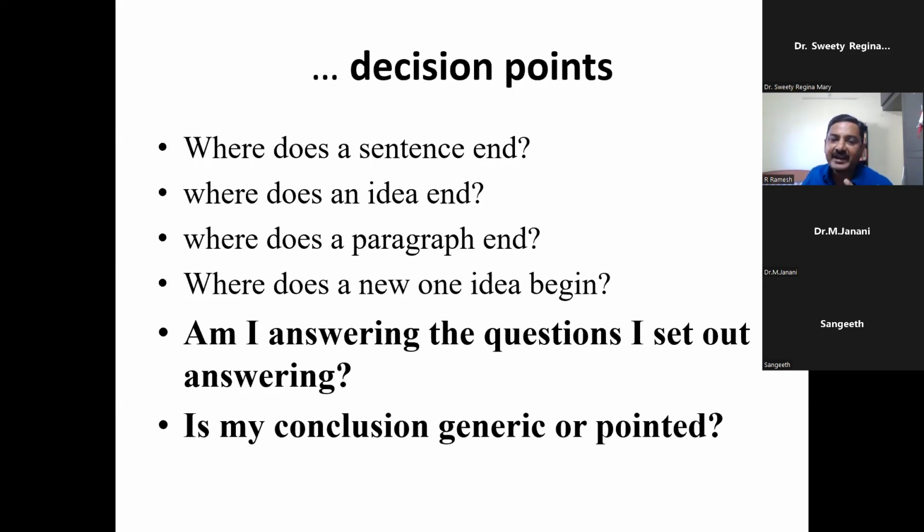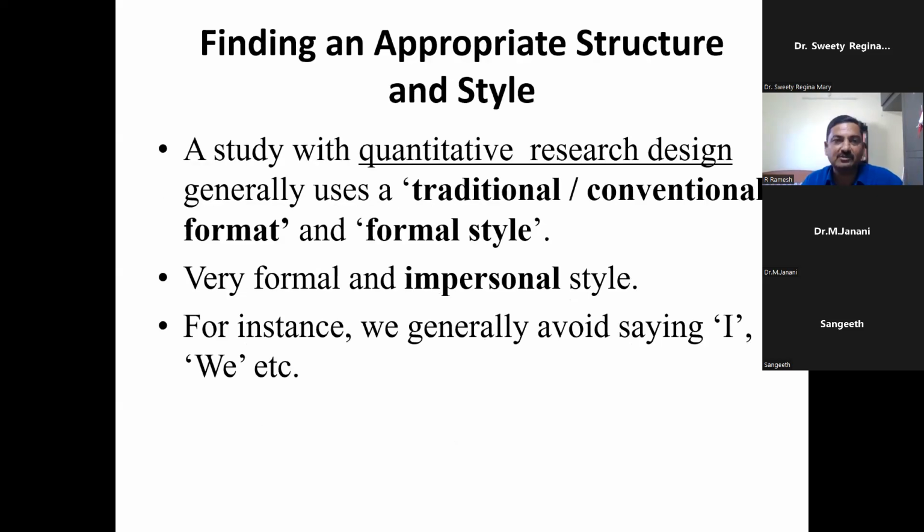But when it is generic, you get disappointed. Why did this person do so much analysis, use so many tools, only to come out with a well-known fact, something very generic? Your conclusion must be pointed. How it should be built, we'll see those things also.